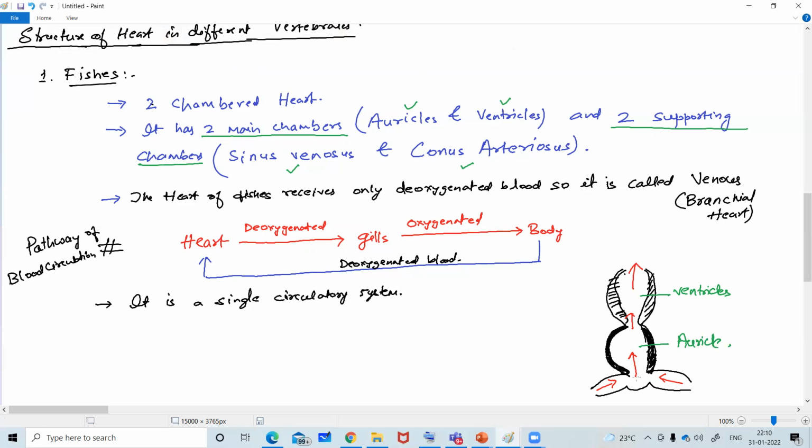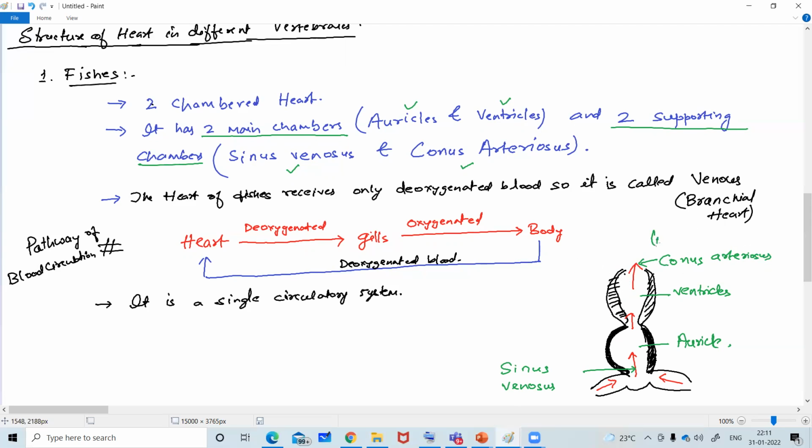This particular junction is called sinus venosus. And the top opening is called conus arteriosus, also called bulbous arteriosus. Right?